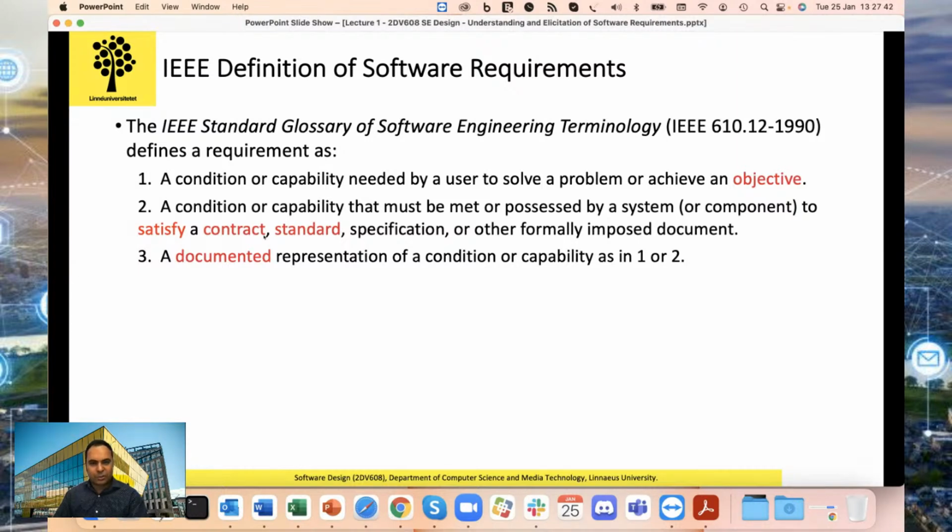If they are not documented, they are not considered requirements, because if you do not document requirements, they will get lost eventually. That means they will not be implemented and tested and so on. So documenting requirements is important also from the software development perspective.